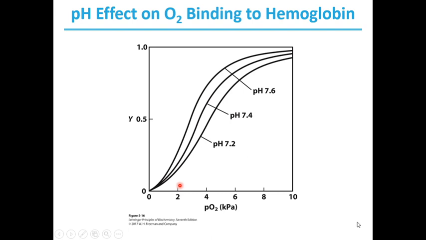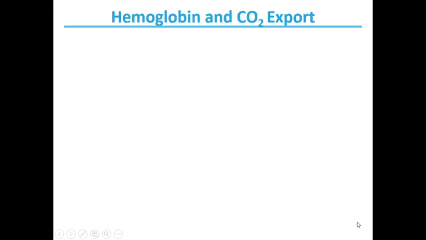So proton concentration is very high in tissues, and hence oxygen is released. This is how the interplay between pH and oxygen affinity helps us to understand how hemoglobin binds oxygen in the lungs and releases it in the tissues.